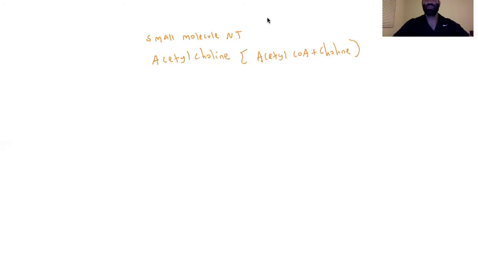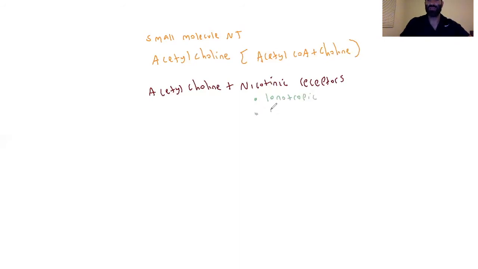And the reason why acetylcholine is so important is because one complex is going to be acetylcholine plus a receptor called nicotinic receptors. And nicotinic receptors, we'll be talking about this a lot, so if you don't catch it the first time, that's okay. They are ionotropic. And what they do is that they depolarize adjacent tissues, especially muscle tissue.